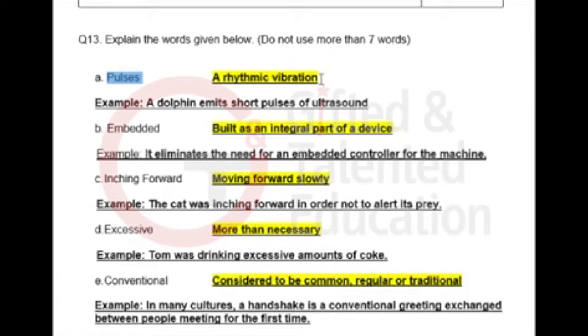Well, let's use it in a sentence. A dolphin emits short pulses of ultrasound. There you go. We have pulses too. If you gently place your fingers on your wrists, you'll feel this plop, plop, plop, plop rhythm.